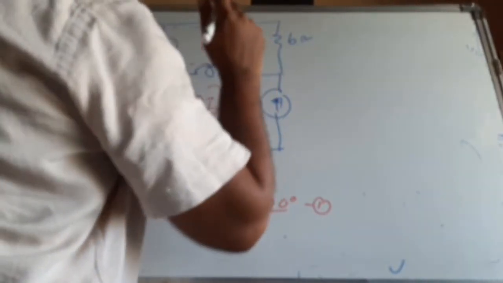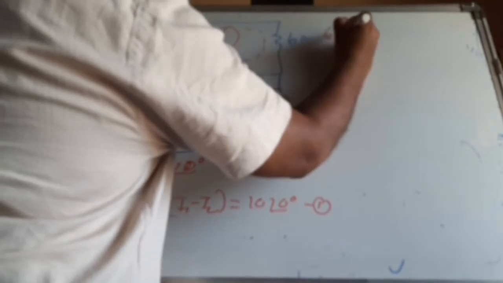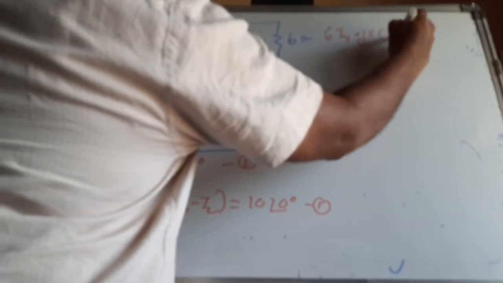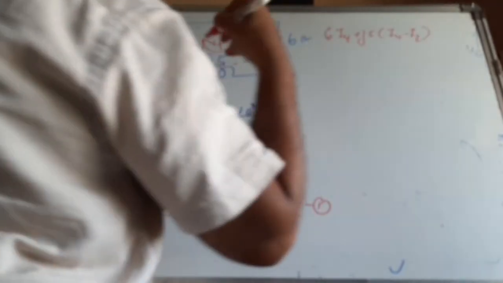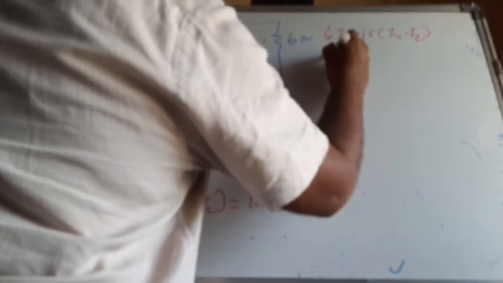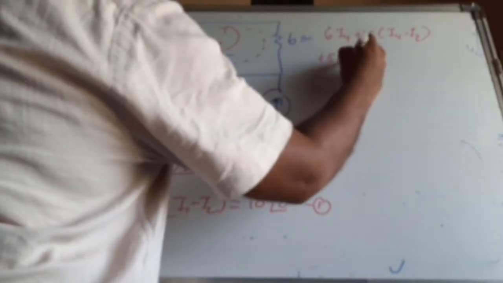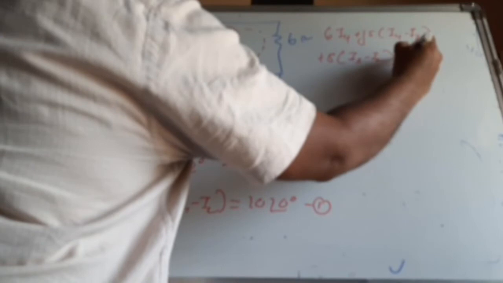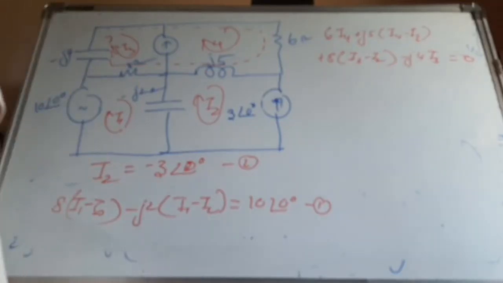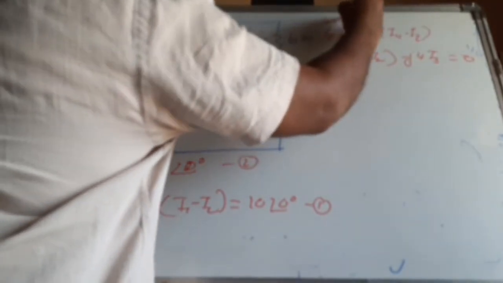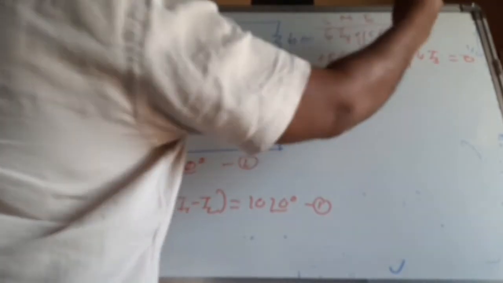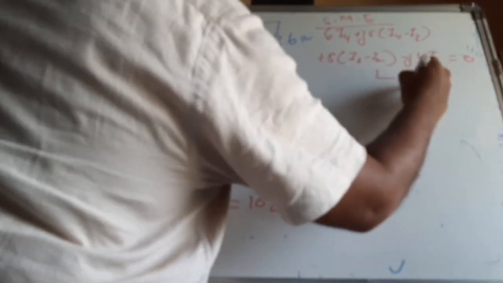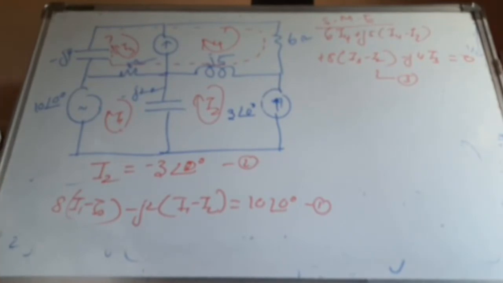How do you write this? 6 I, plus j5 into I minus I2, coming to this, plus 8 into I3 minus j4 into I equals, this is the supermesh. This is equation 3 now.